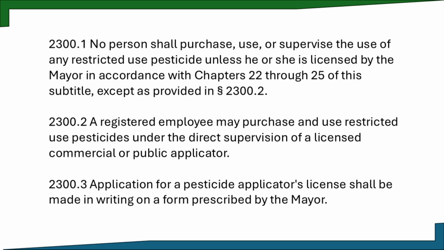A registered employee may purchase and use restricted use pesticides under the direct supervision of a licensed commercial or public applicator. 2300.3. Application for a pesticide applicator's license shall be made in writing on a form prescribed by the mayor.